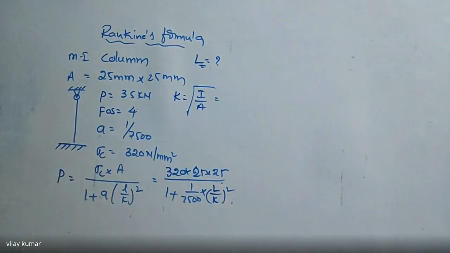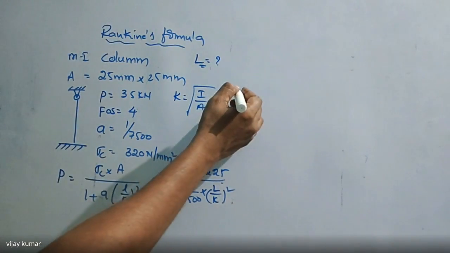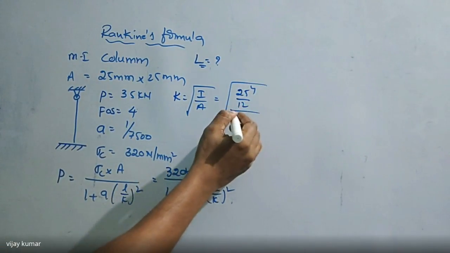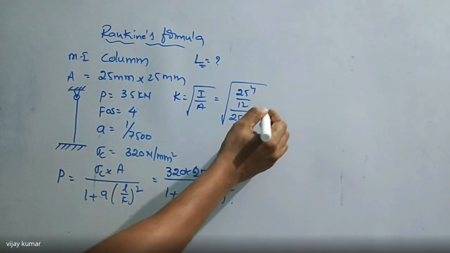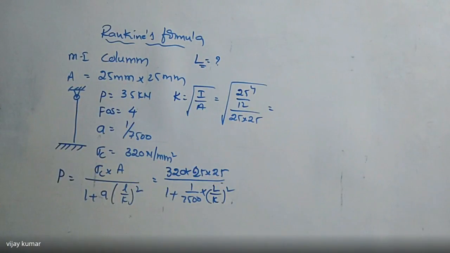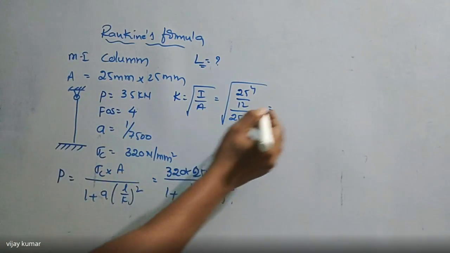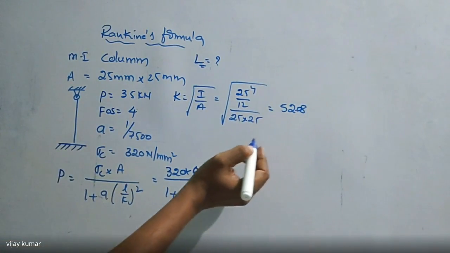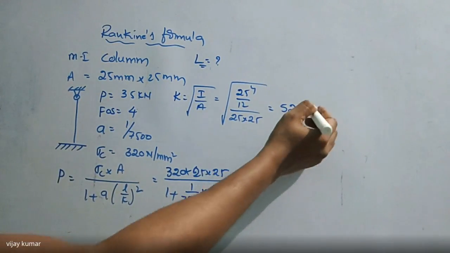I we know, for the square section, is 25 power 4 divided by 12, under square root of the area, which is 25 into 25. Then we get the K value, that is 52.08 mm square.